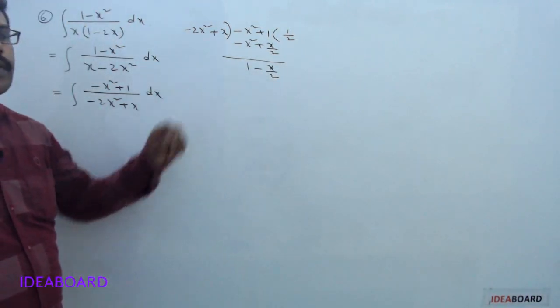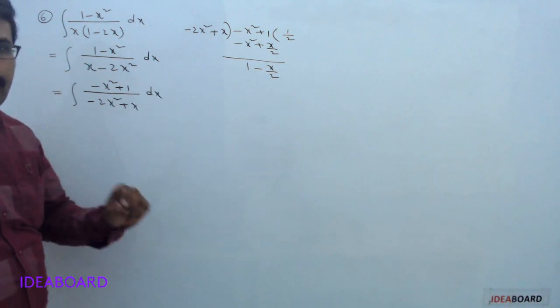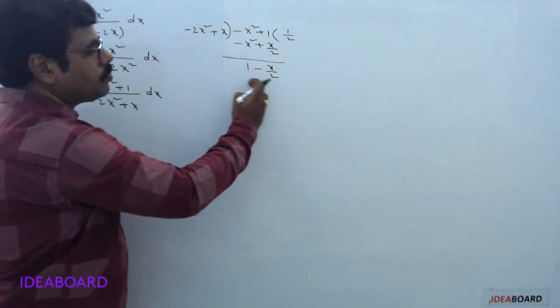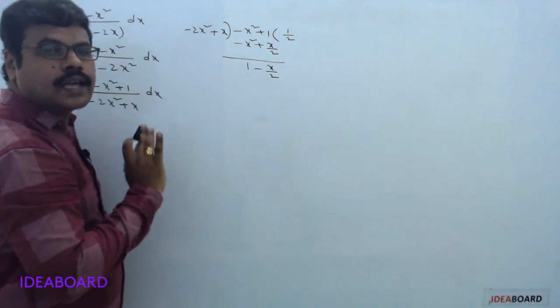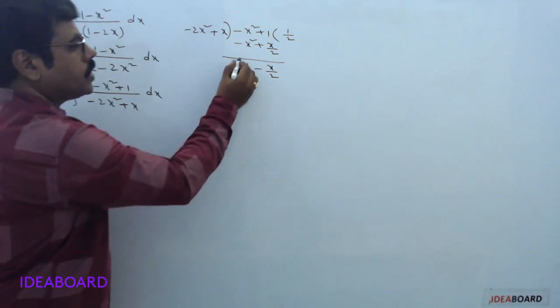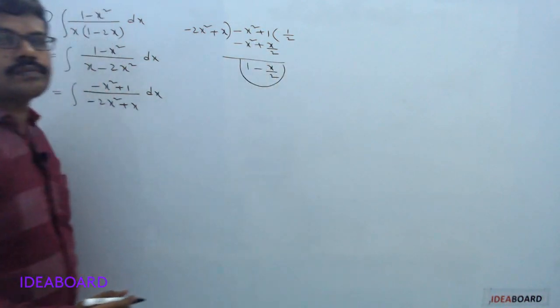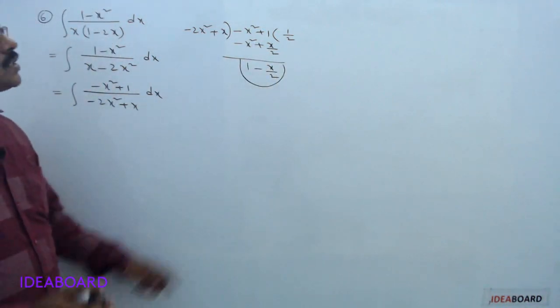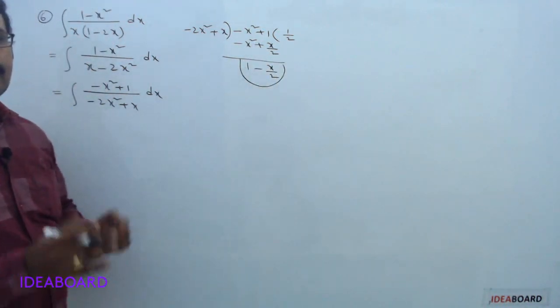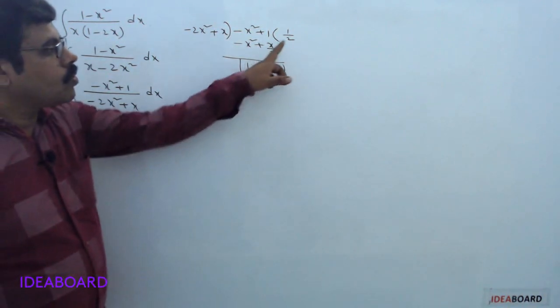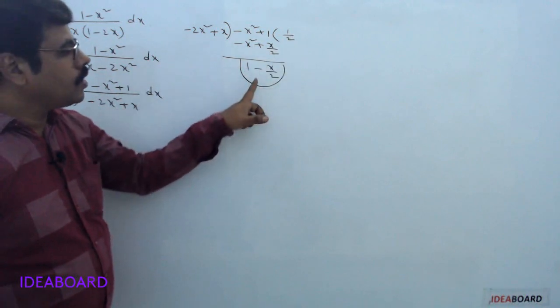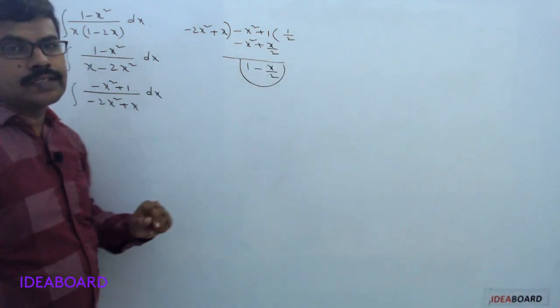Here you can stop the division because the condition, degree of remainder is less than degree of divisor, is satisfied. So you can stop the division. After completion of this division process, you can express this improper fraction as quotient plus remainder divided by divisor.